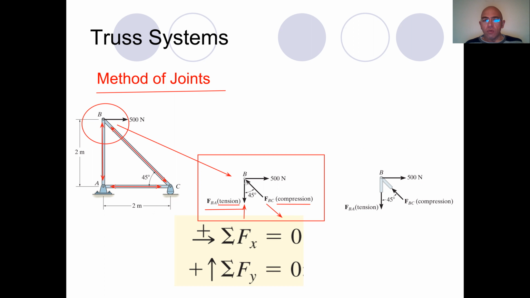Now, what is the next step? Then the force equilibrium. Because at each joint, sum of the forces has to be equal to 0. Sum of the forces in x direction has to be equal to 0, and sum of the forces in y direction has to be equal to 0, since the joint B acts like a particle. So this is the method of joints. Initially, how do we solve the problem?